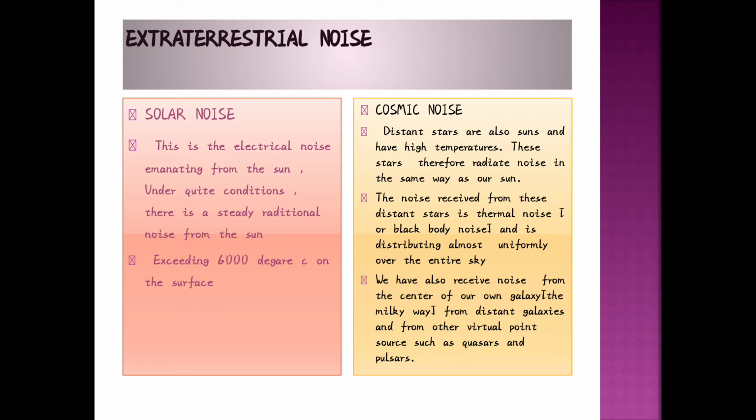We also receive noise from the center of our own galaxy, the Milky Way, from distant galaxies, and from other visible point sources such as quasars and pulsars. The important point: solar noise comes from the sun and cosmic noise comes from stars.